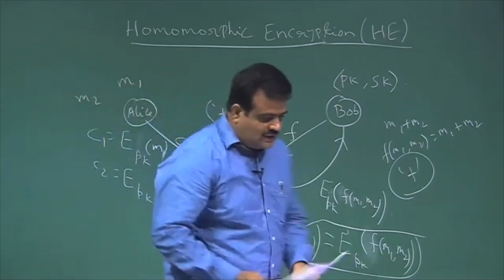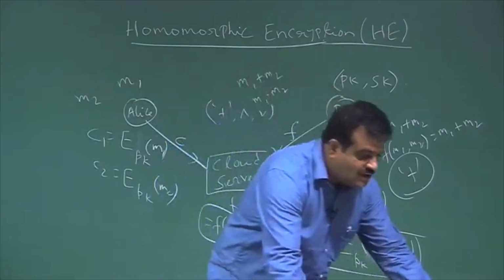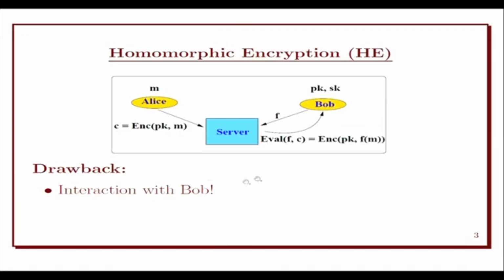So let us go to the slide please. This is usually done in the eval operation. Eval means we are applying f on the ciphertext, and then this f should carry forward to the plain text. Alice will store all the messages in the cloud server.